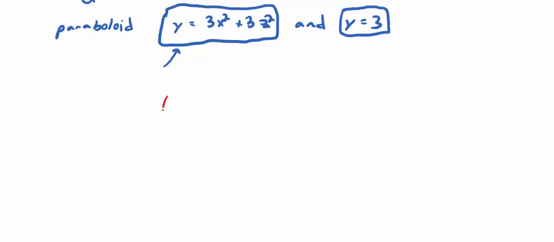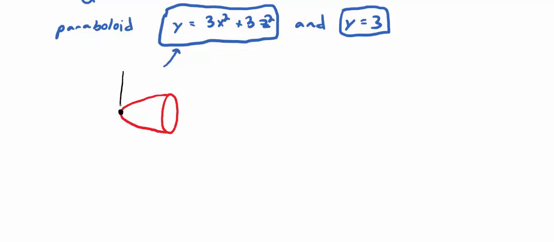What I like to do on these is draw the paraboloid first because it's easier, and then I can put in my axes later on. It looks something like that. And then the origin is right here at the vertex, isn't it?